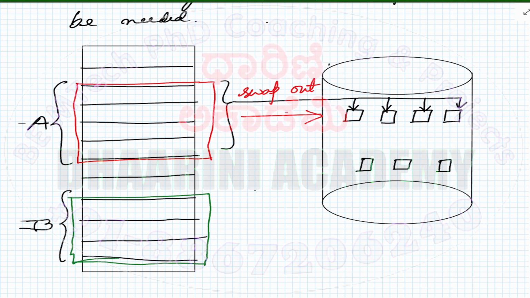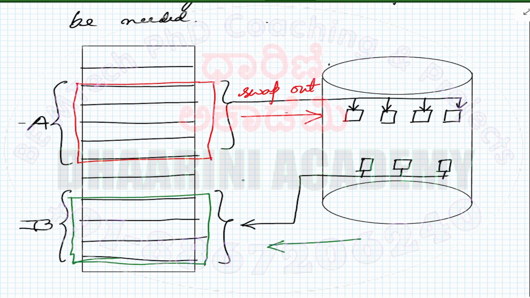The second option is that these values we are trying to load from the cells where we have saved them into the memory. You see the direction, it is incoming. You are writing something into this, so this is called swap in. So swap in is one option, and swap out is the other option.